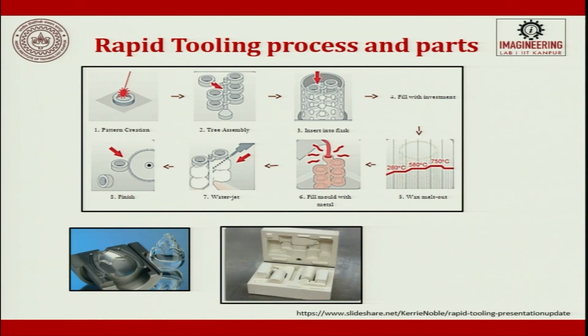Once the wax is melted, we obtain the final mold. Then with the obtained mold, we use other post processing steps to break it, dismantle it and get the final product done. So, the rapid tooling process here is used exhaustively for creating the patterns.